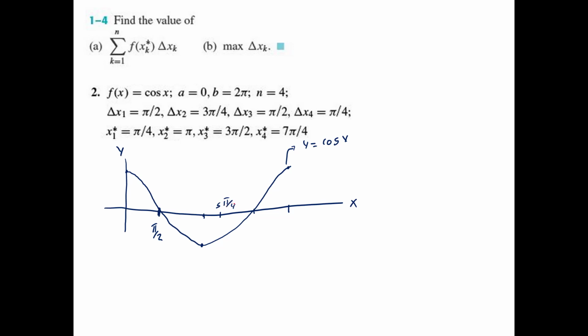So your first interval goes from 0 to pi over 2. Your second interval goes from pi over 2 to 5 pi over 4 because the width was 3 pi over 4. Your third interval will go from 5 pi over 4, and again it's going to go up by another half, 2/4, so it's going to go to 9/4.